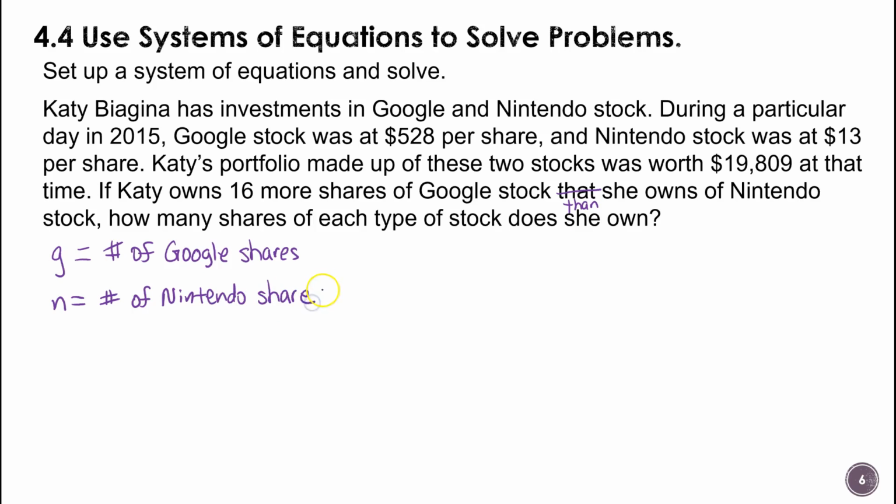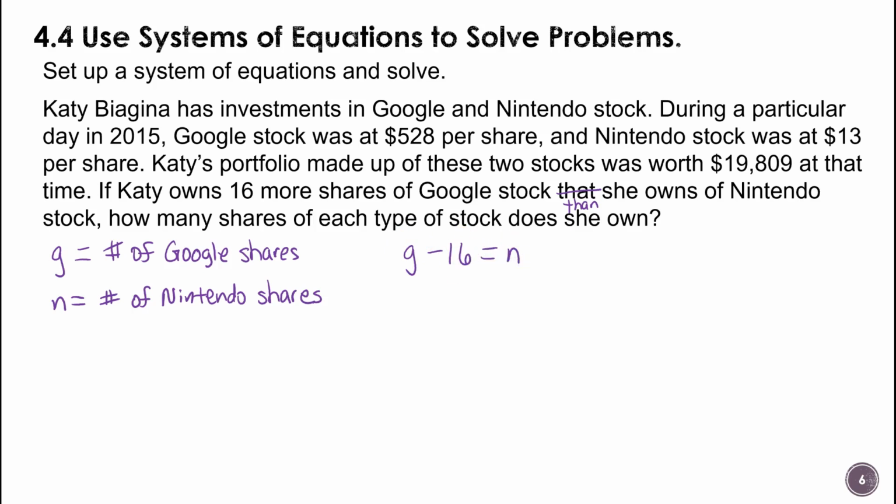Okay, so we're going to set this up. Now notice that if Katie owns 16 more shares of Google stock than she owns of Nintendo, then that means that we're going to take the Google stock and subtract 16 to get Nintendo.